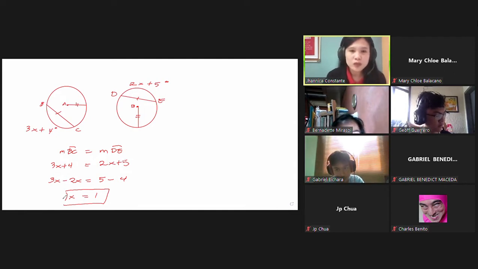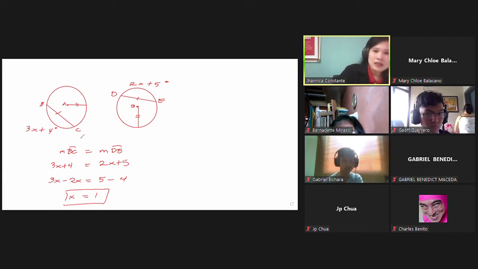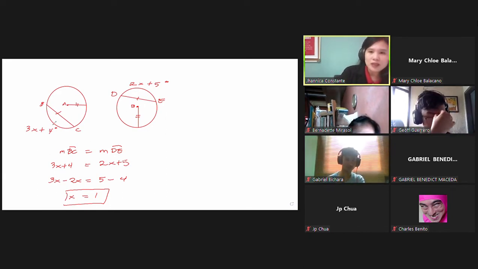But what we're looking for is the exact measurement of our minor arc BC and minor arc DE. So let's solve for the measurement of our arc BC and DE. In finding the exact measurement, you can either use the equation for the arc BC, or you can use the measurement of the arc DE.